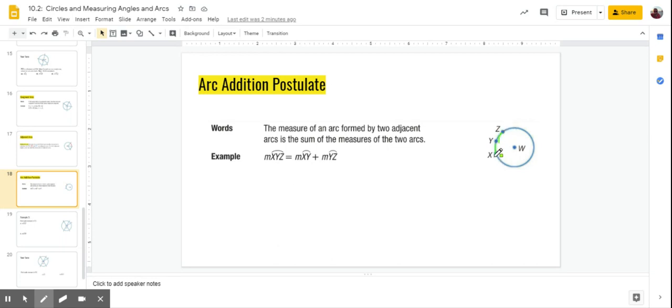So the measure of these two pieces equals the whole piece. That's all that's saying. So if I knew this was, let's say, 20, and I knew this was 20, altogether I would know XYZ was 40 because I'd do 20 plus 20. Take a look at the next part.